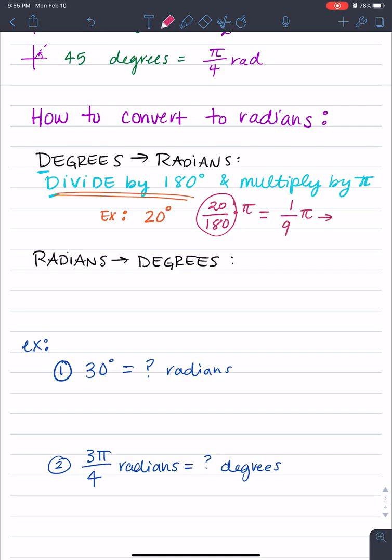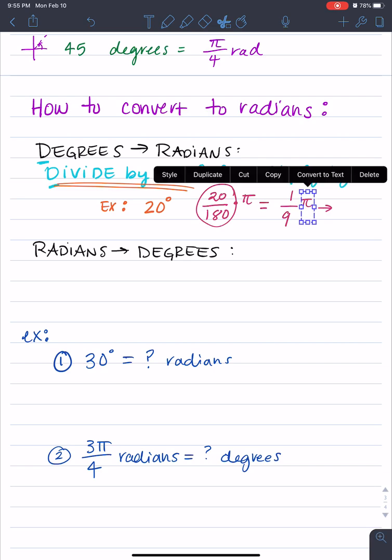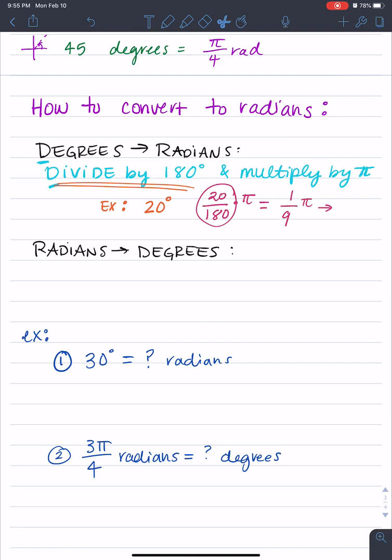I always like to put the pi up in the numerator. Okay? So I can just move this little guy up here. Move him. There we go. Up there. Okay? But if it's a 1, it's understood to already be there, so you don't need to write it. So your answer is pi over 9 radians.